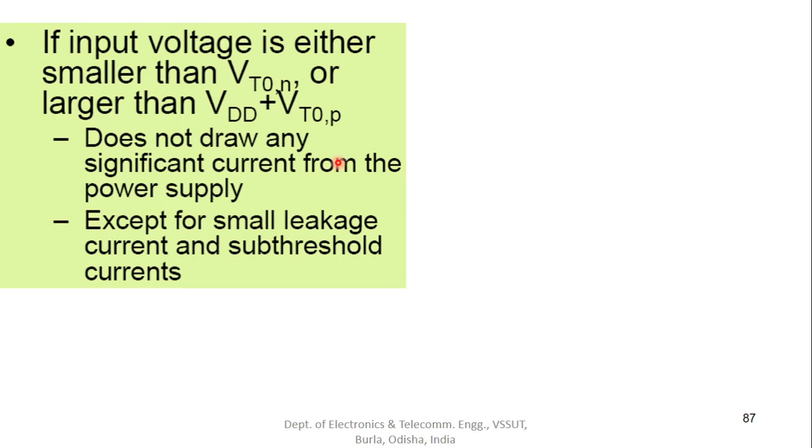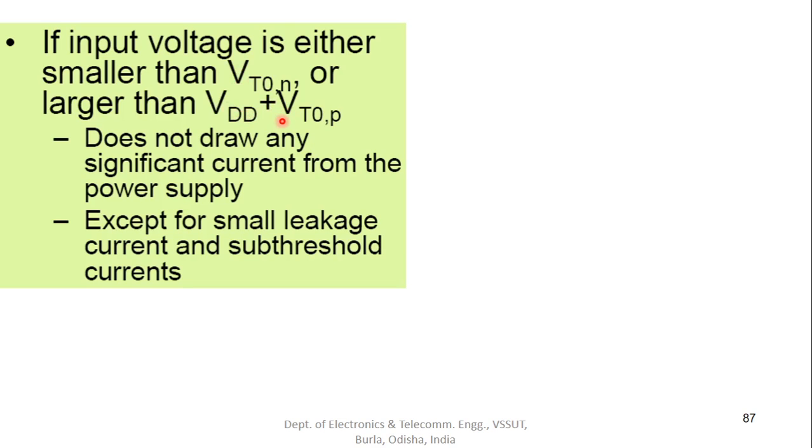So some important points: if the input voltage is either smaller than the threshold voltage of the NMOS or larger than VDD plus VT0 P, we know that if the input voltage is smaller than VT0 N, the NMOS will be in cutoff, and if it is larger than VDD plus VT0 P, the PMOS will be in cutoff mode.